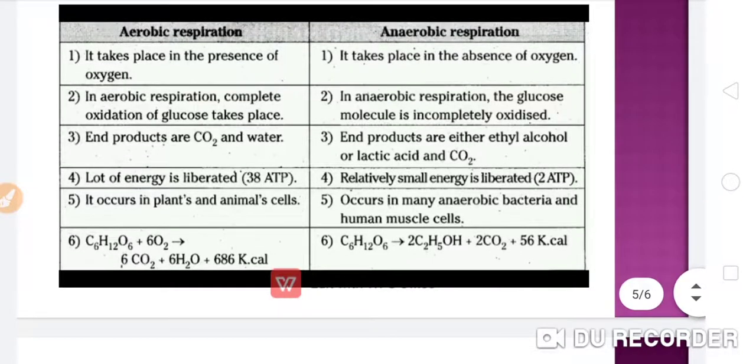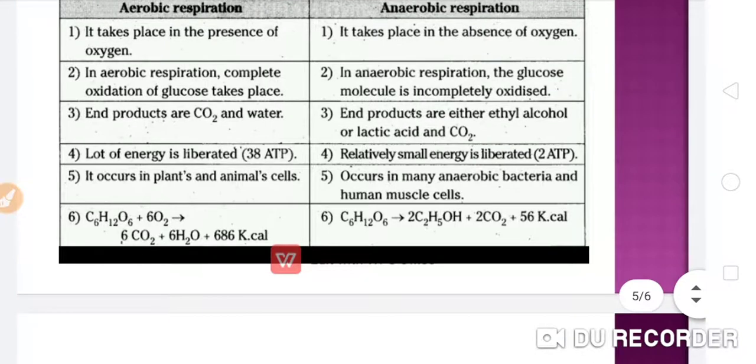Second point: in aerobic respiration complete oxidation of glucose takes place, but in anaerobic respiration the glucose molecule is incompletely oxidized. Third point: end products are CO2 and water, but here the end products are either ethyl alcohol or lactic acid and carbon dioxide.